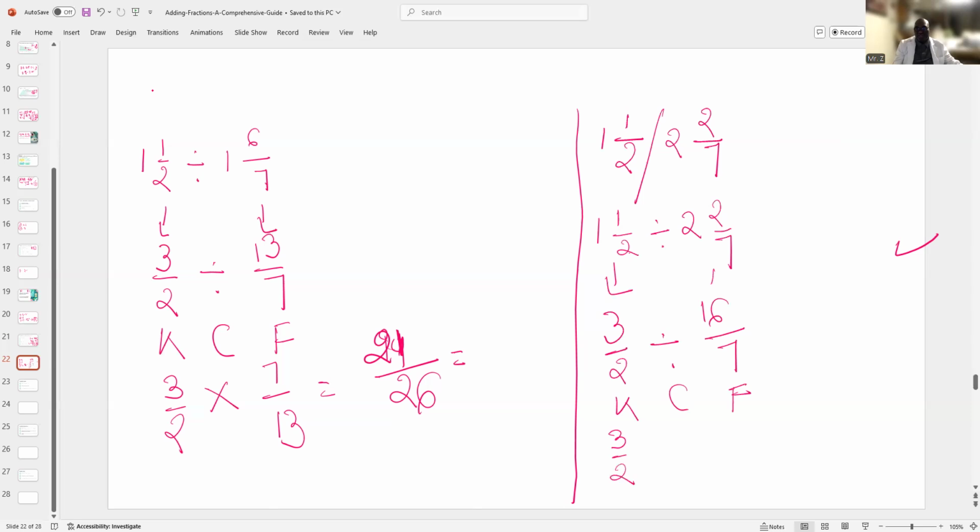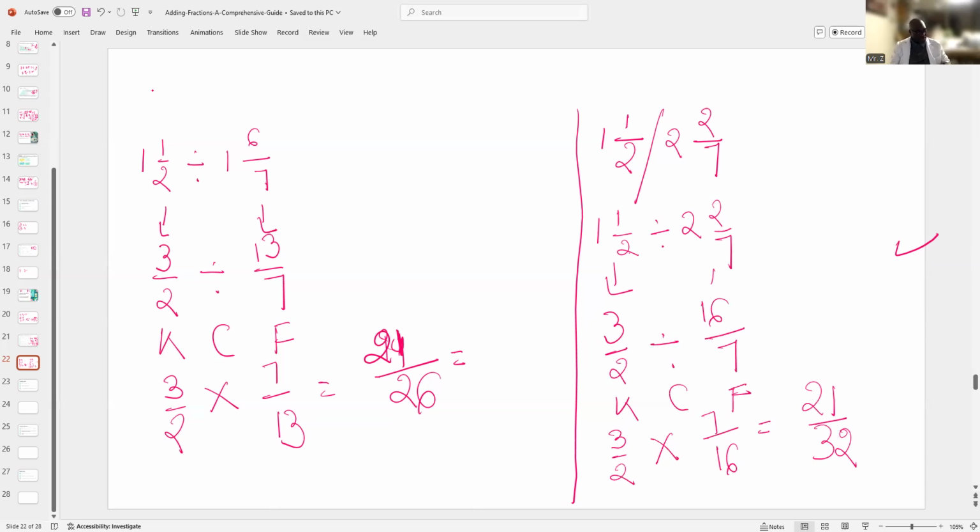Change the division to multiplication. Flip the second fraction. It becomes 7 over 16. We multiply 3 times 7. You got 21. And then 2 times 16. You got 32.